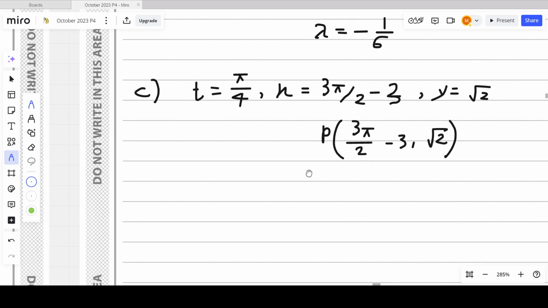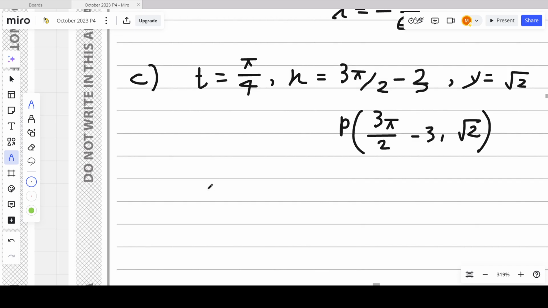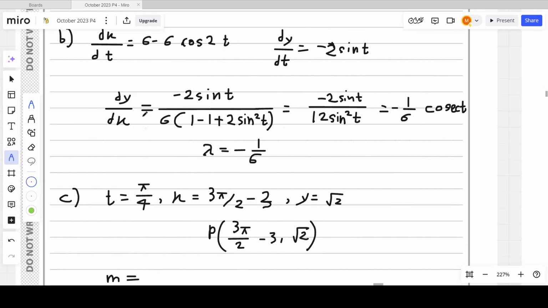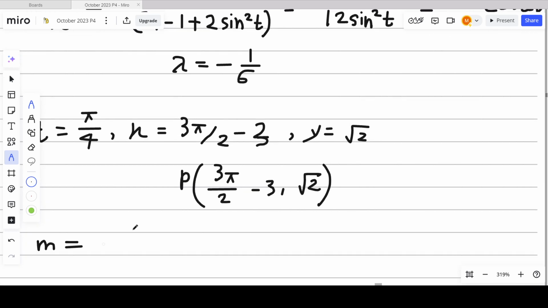Okay, next we need the gradient, right? The gradient of the curve is the same as the gradient of the tangent. So put the parameter into the equation dy over dx. Negative 1 over 6 cosec t.